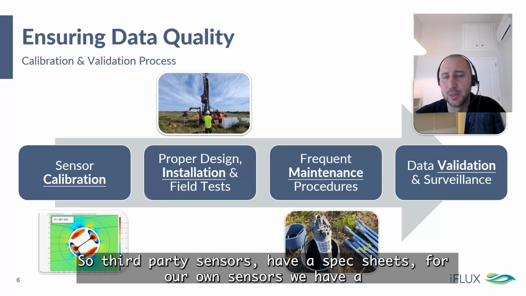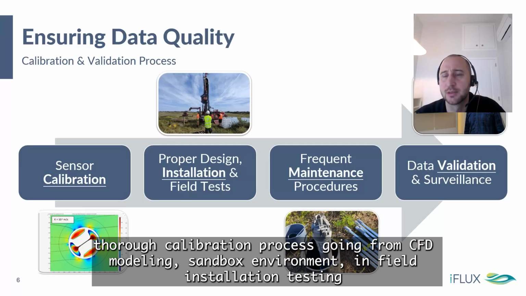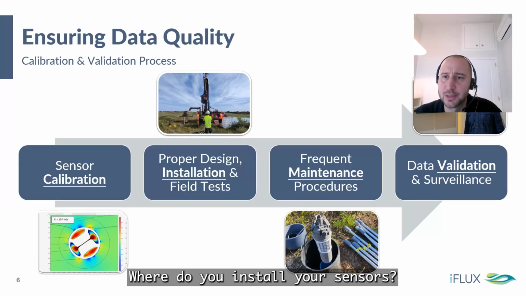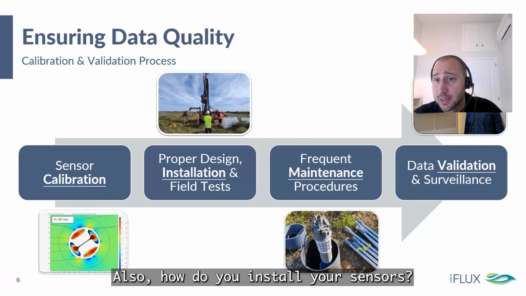For our own sensors, we had a thorough calibration process, going from CFD modeling, sandbox environment, to in-field installation testing. But nowadays, the key basis is, of course, a proper network design and installation and field tests. Where do you install your sensors? Also, how do you install your sensors?